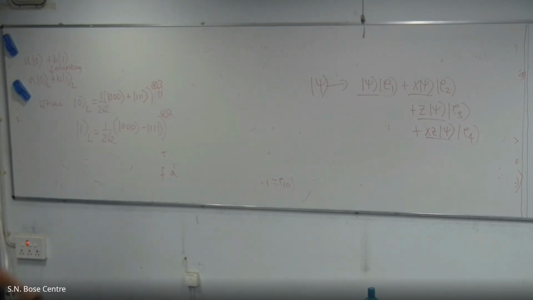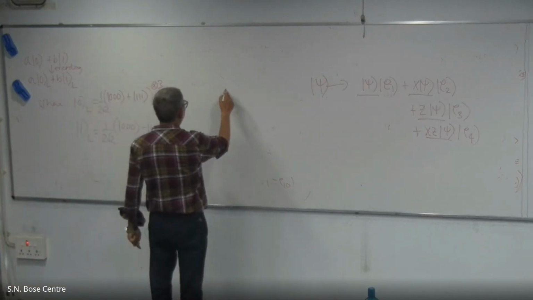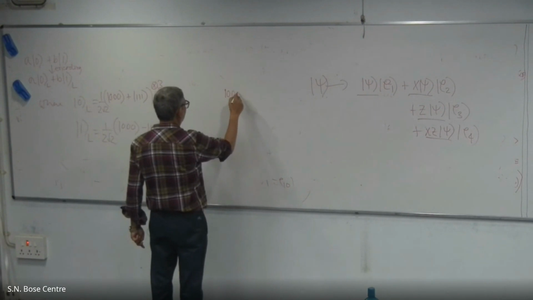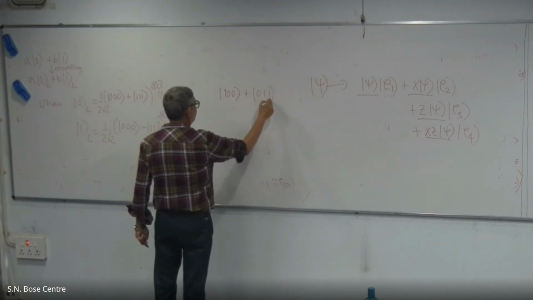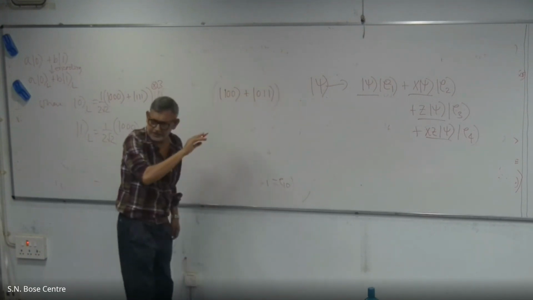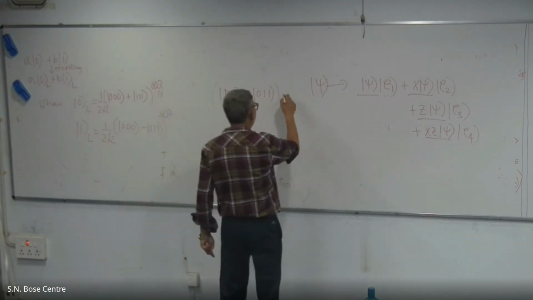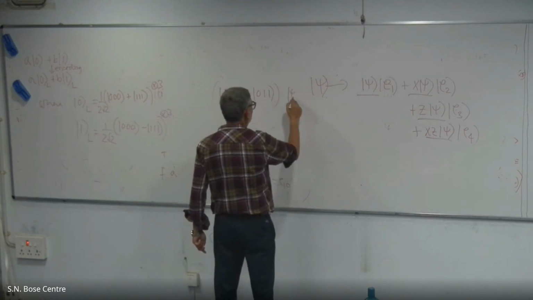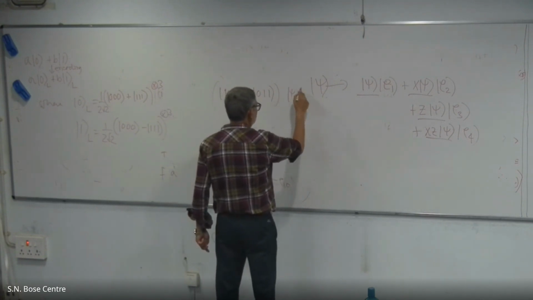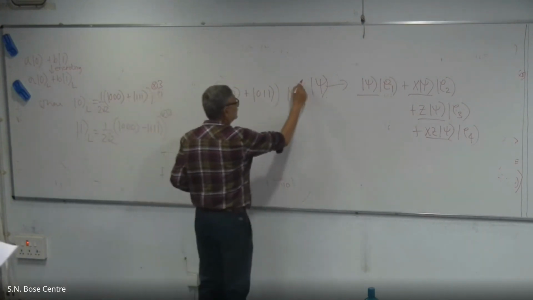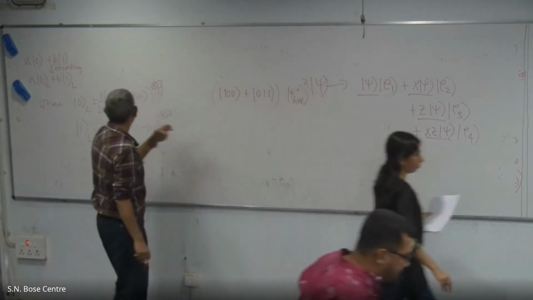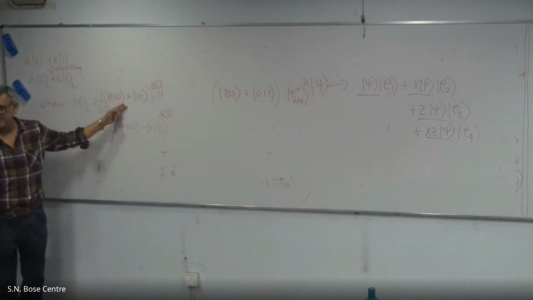Then what will be the state after this error? It will be 100 plus 011, this for the first 3 qubits, and the other 2 will remain the same. Plus, I am writing plus, which means this is plus 2. So this is orthogonal to this.